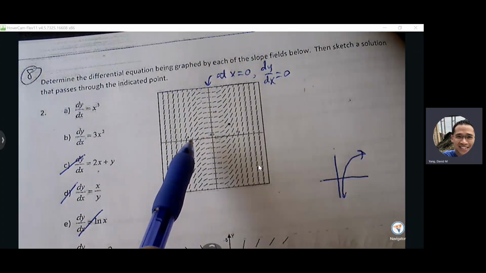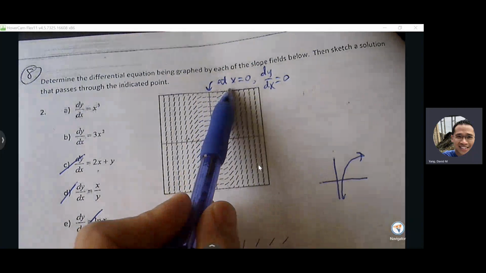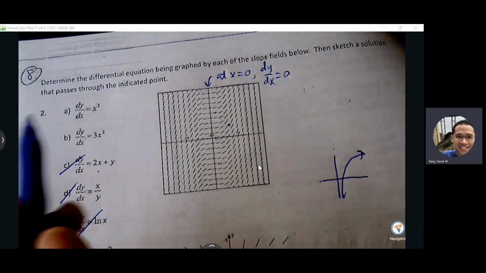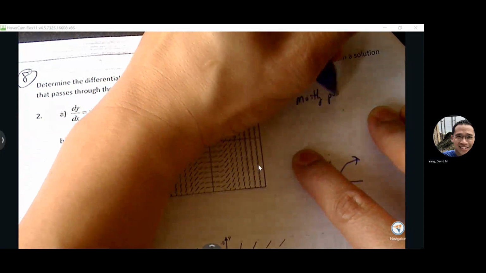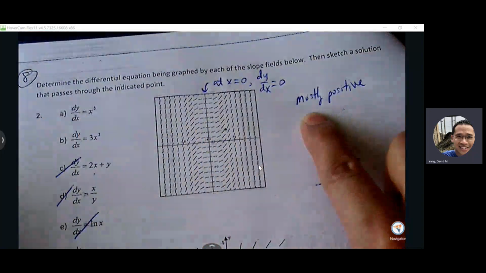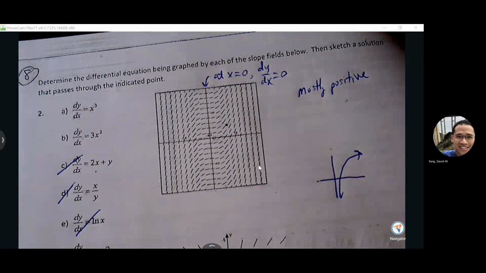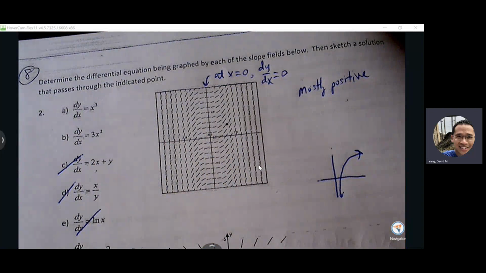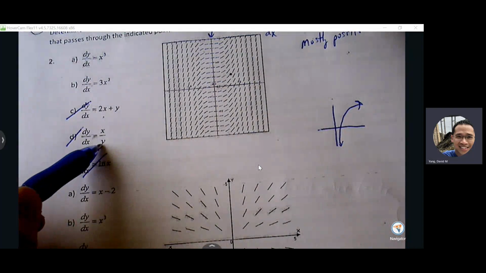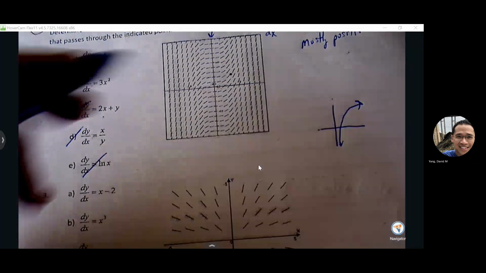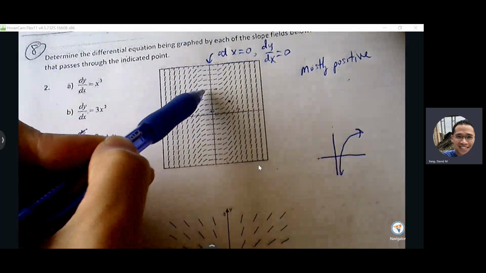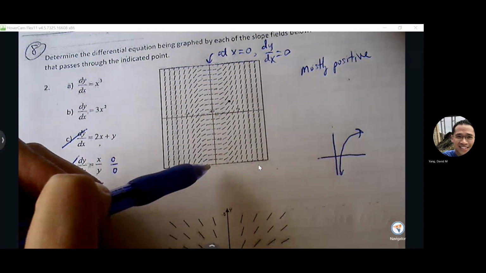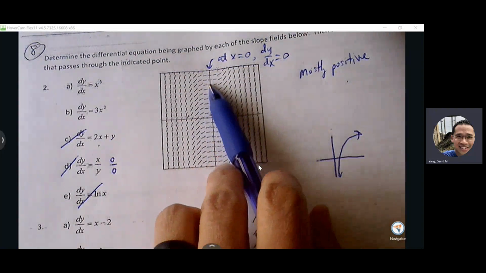Now, what other observation did you guys say before this one? Slopes are mostly what? Mostly positive. Do you see any place where there's a negative slope? So 0 over 0 will be undefined, and if I have undefined, that means I should see some empty spaces, because all these are filled in with slope zeros, right?